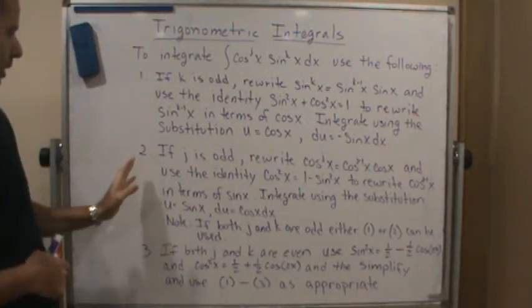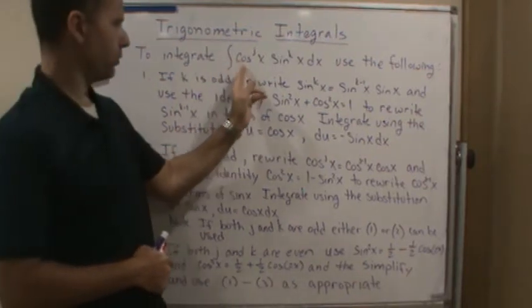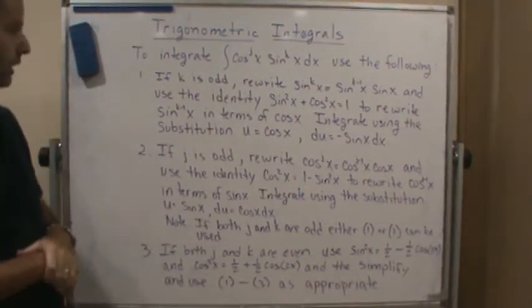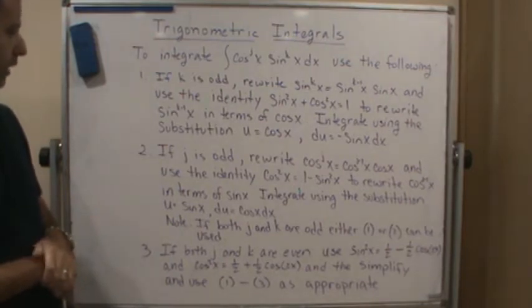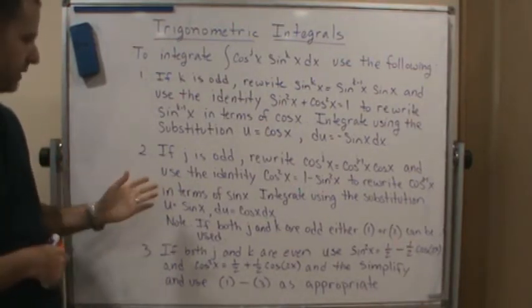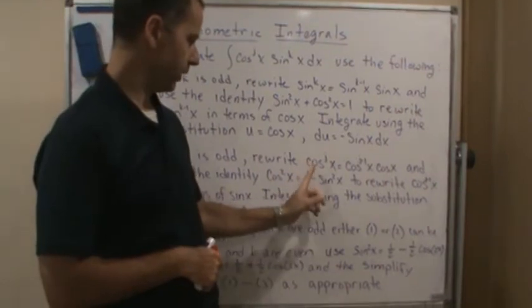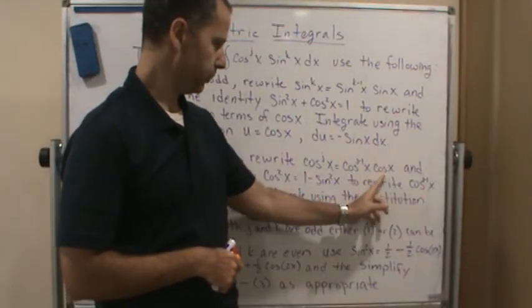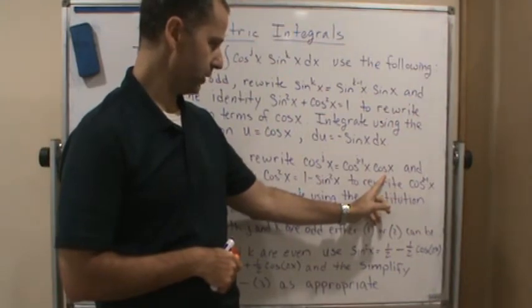Now, strategy 2 is if cosine is odd. If cosine is odd, then we're going to do similar steps, but this time we're going to shave off one of the cosines so that we get an even cosine power times a single cosine.